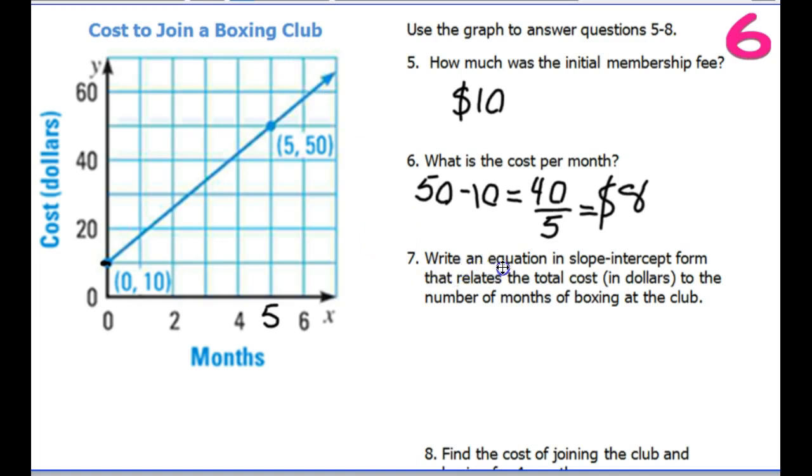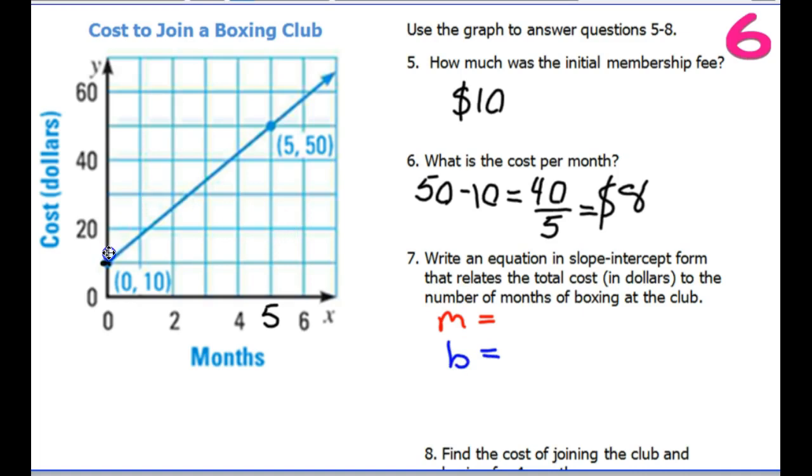Number 7 says write an equation in slope-intercept form that relates the total cost in dollars to the number of months of boxing at the boxing club. So what we need to do is we need to find an M, and we need to find a B. So to find our M, we're going to do a rise over the run.